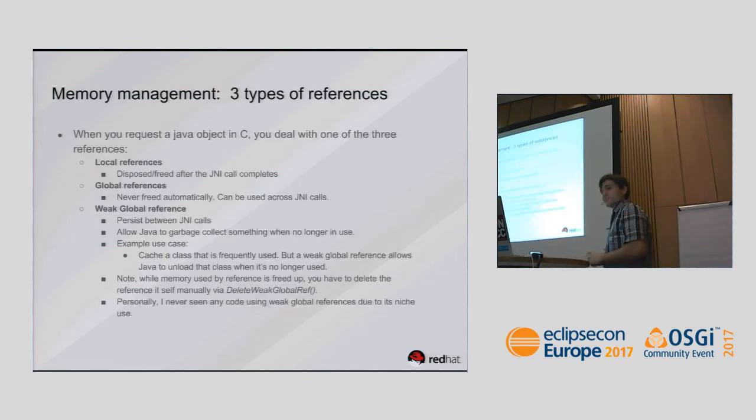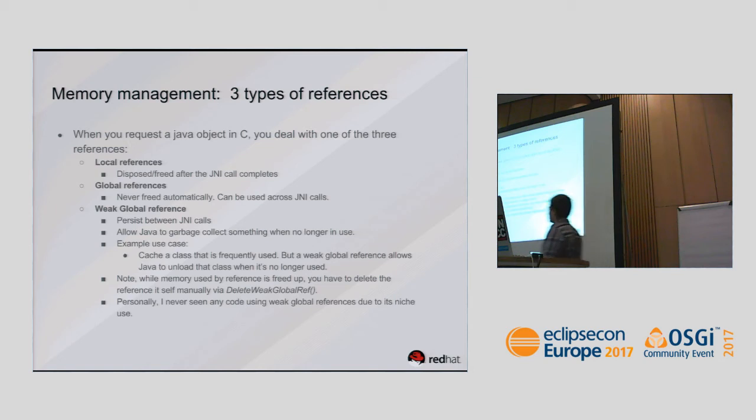And now the interesting thing is that there's three types of Java references in C. A local reference, okay, that's local to the function. And a global reference, that's like a global pointer everywhere. But what is a weak global reference? What the heck is that?